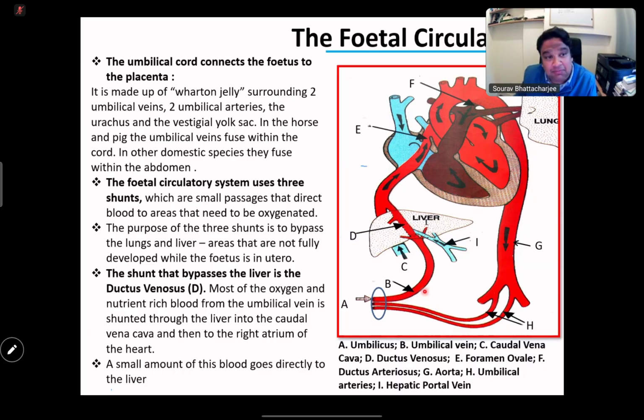Now, remember two things. One of the issues with fetal circulation is that there are two very important organs developing in the fetus that are very solid. One is the liver and another is the lungs. The lungs that we know in adult animals are completely different from what they are in the fetus.